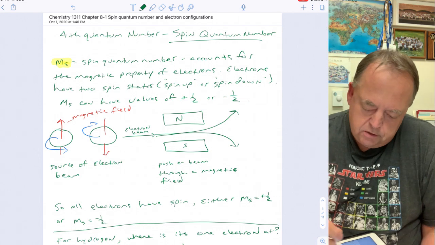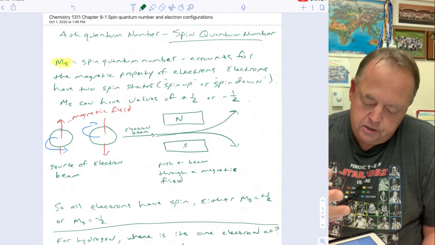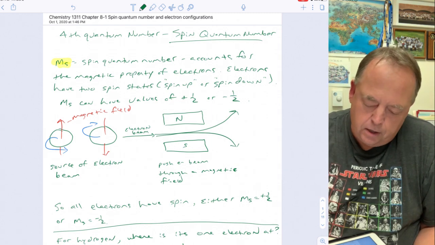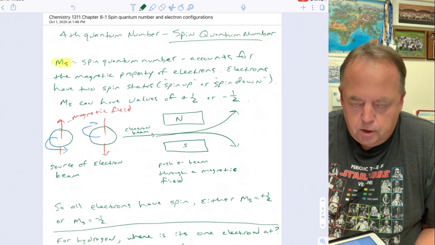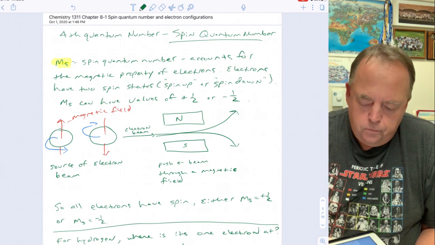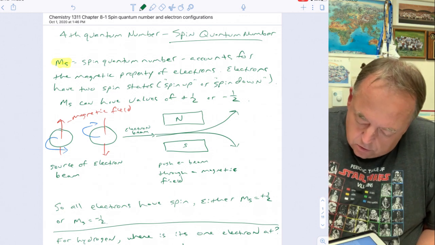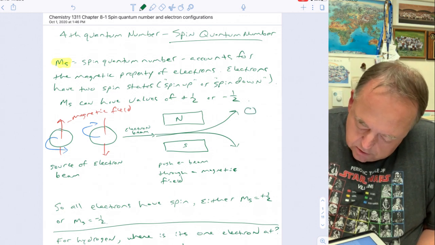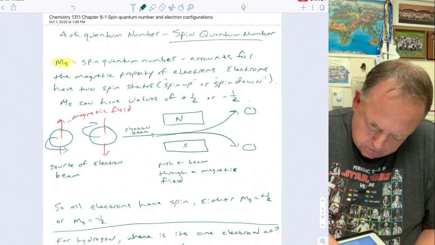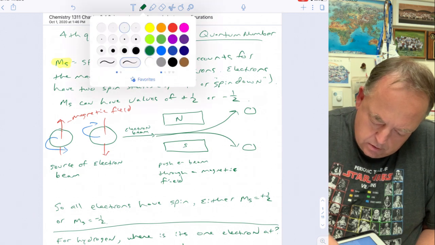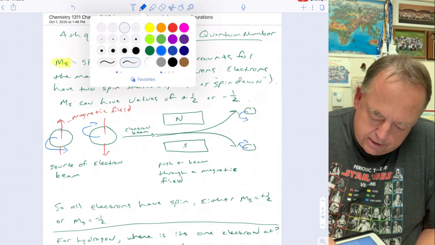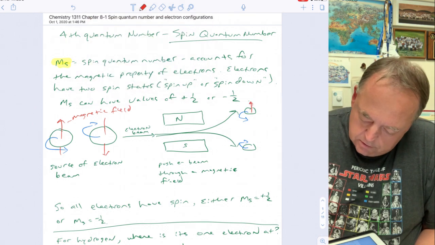So one of these electrons, depending on its magnetic field, its spin, would be attracted towards the north pole and repelled by the south pole, and the electron with the opposite spin would be attracted to the south pole and repelled by the north pole. So one electron would be deflected towards the north pole, one towards the south pole, because they have opposite spins and magnetic fields in the opposite direction.